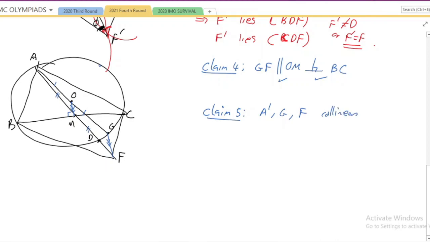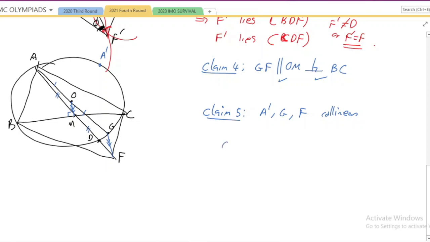Okay. Remember what A prime is? It's supposed to be a point that makes AA prime parallel to BC. Okay. So the way we're going to do this is that we already know that GF is parallel to OM and is perpendicular to BC. So we want to show that GF is actually also perpendicular to AA prime.